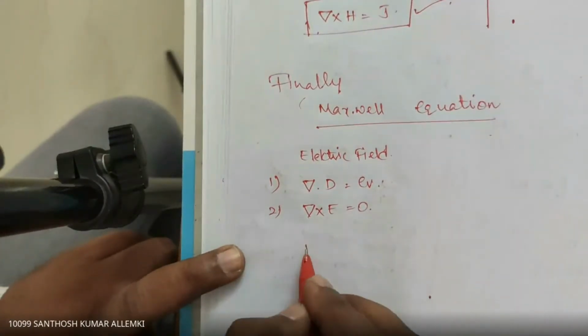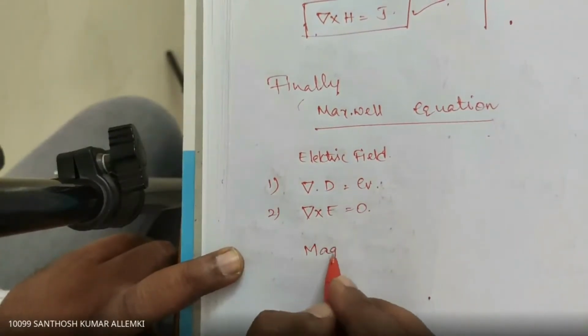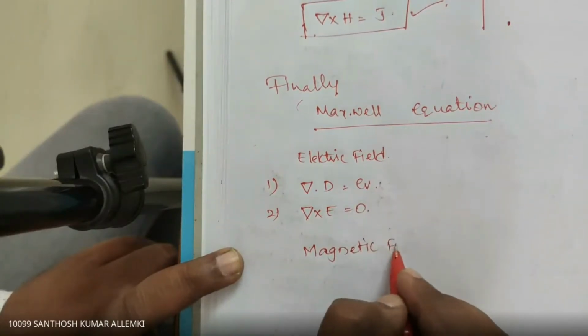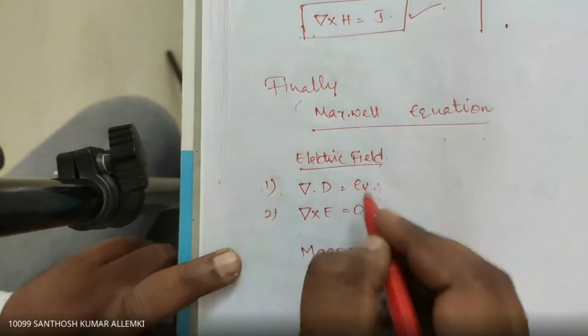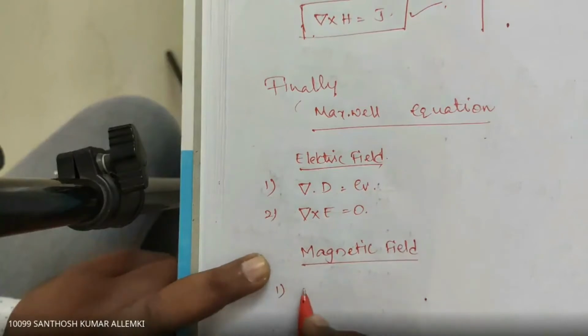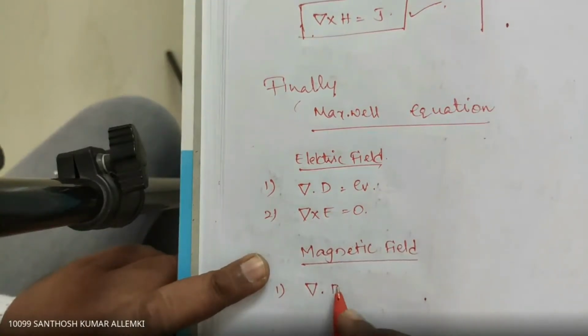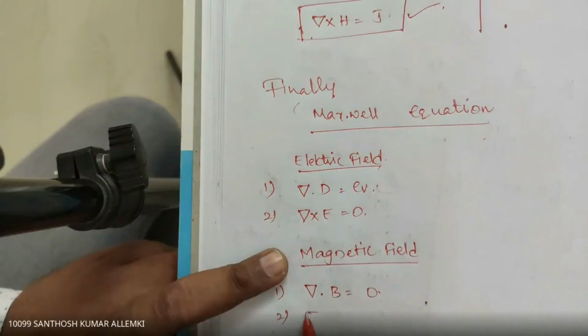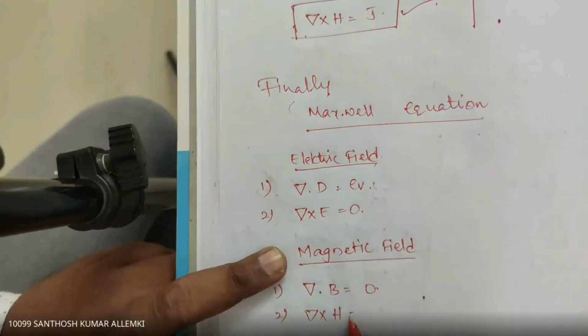And next, for the magnetic field, del dot B is equal to 0. The second one is del cross H is equal to J.